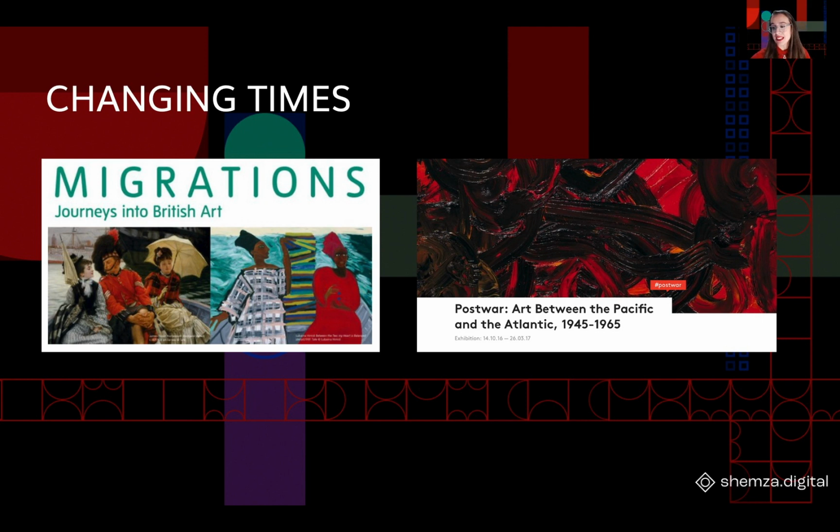And really, I would say there was a huge lull in progress in art exhibitions and major institutional ideas about these artists that came over until the last 10 years. So in the last decade, there's been a rethinking of the place of migrant artists within British art history.